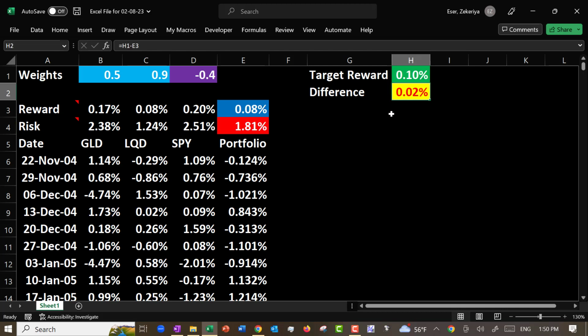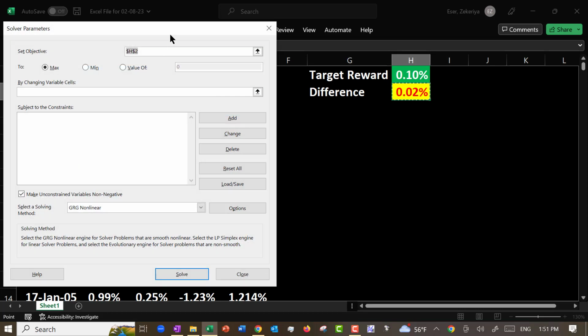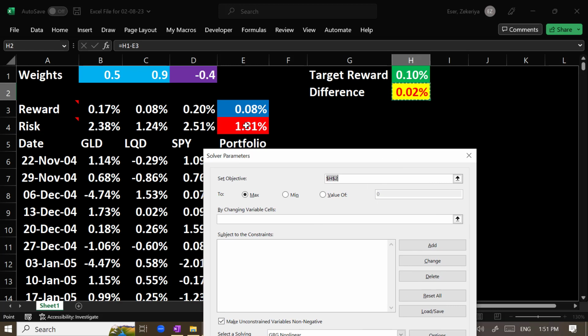And here's how we're going to do it. Under the data tab, go to solvers. It says, what's your objective? My objective is the risk. Okay. What do you want to do to that risk? I want to minimize it.